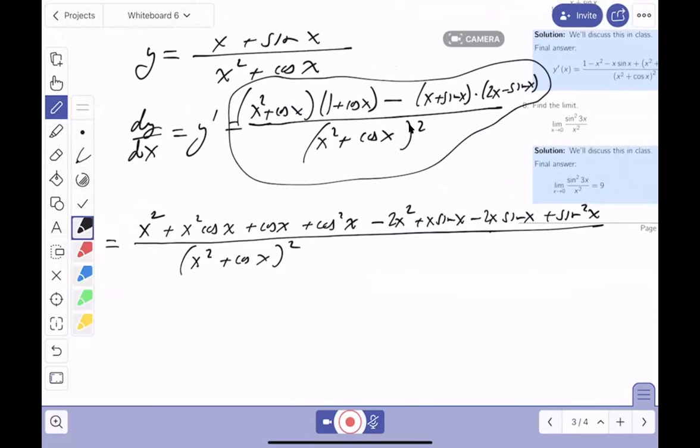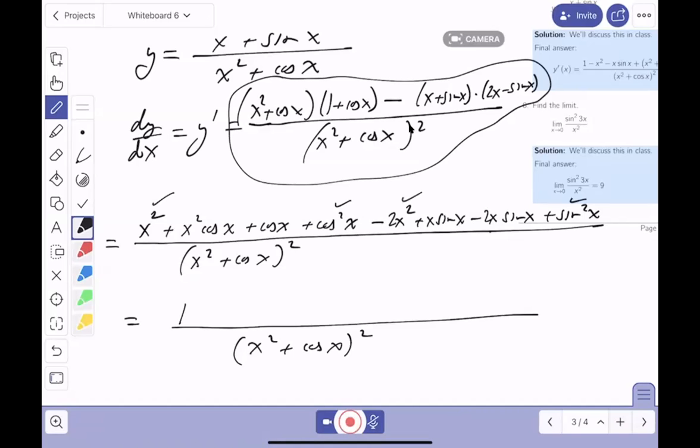And let's take a look at that. x squared plus cosine x squared. Let's take a look, be very careful now. So I notice I got this and I got this, which is 1. I'll put that down. And then I notice I got this and I got that, which is minus x squared.